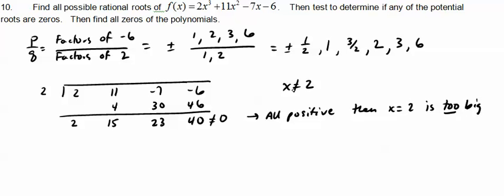So not only did I learn that x can't equal 2, I also learned that x cannot equal +3 or +6. This is why I always start with a number kind of in the middle. It allows me to eliminate several, maybe at one go.